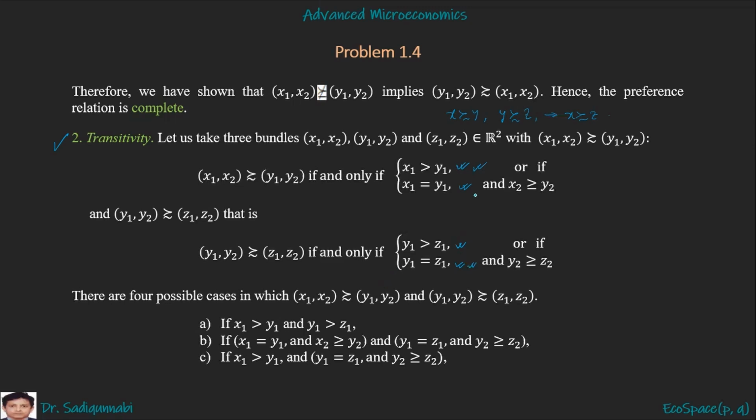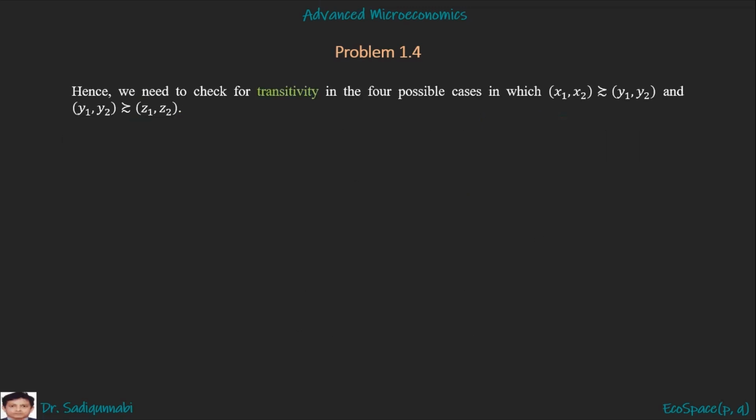Case 4: combination of the second and first. So we need to check for transitivity in all four possible cases in which X is preferred to Y and Y is preferred to Z.